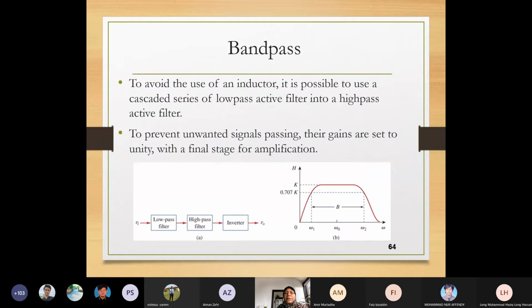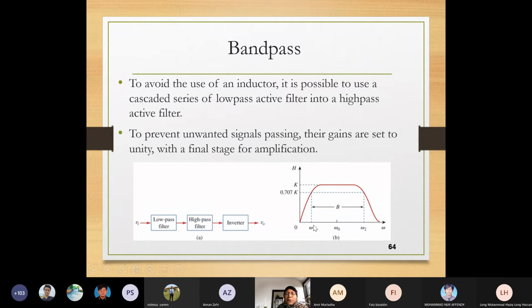For the band pass filter using active filters, we can simply make it stage by stage, where we introduce a low pass filter, a high pass filter, and an inverter.